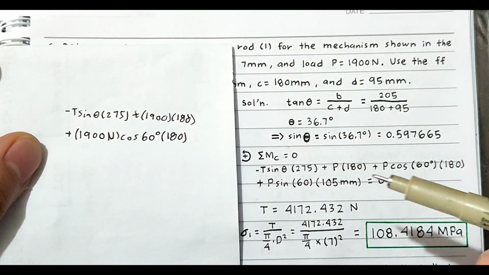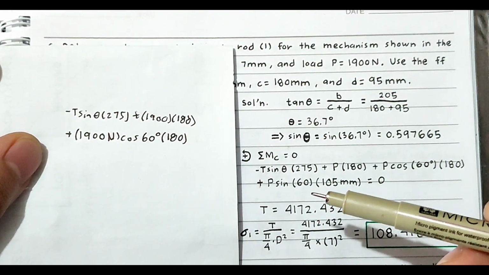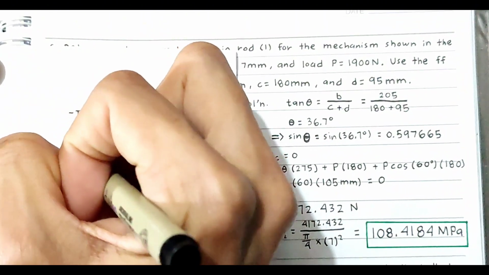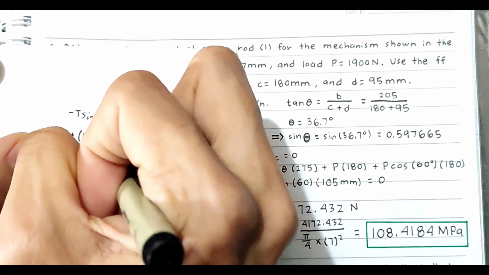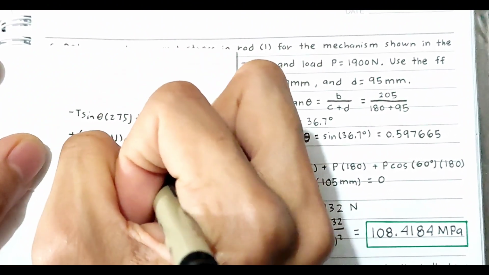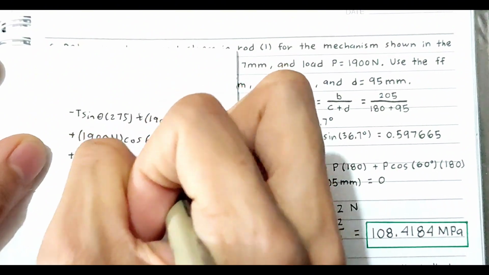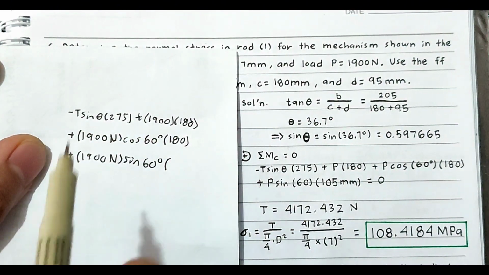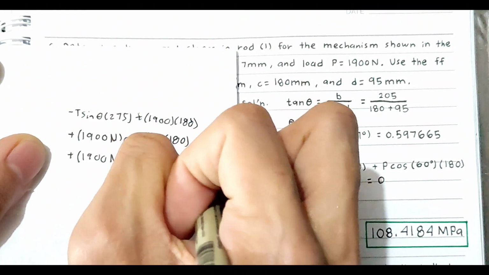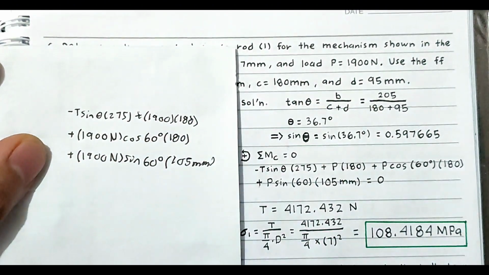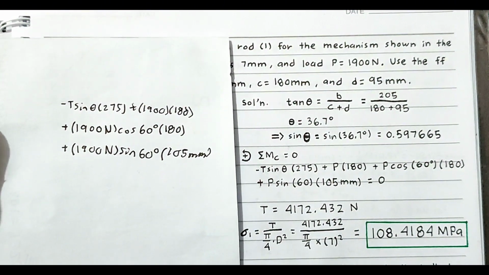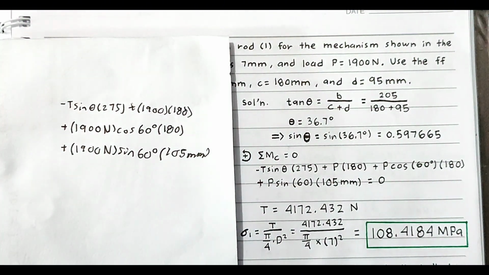Next is the sine, which is the y direction of the force P. So plus 1900 newtons sine 60, and its distance is 105 millimeters, which is the variable A, and that equals 0, the moment at C.